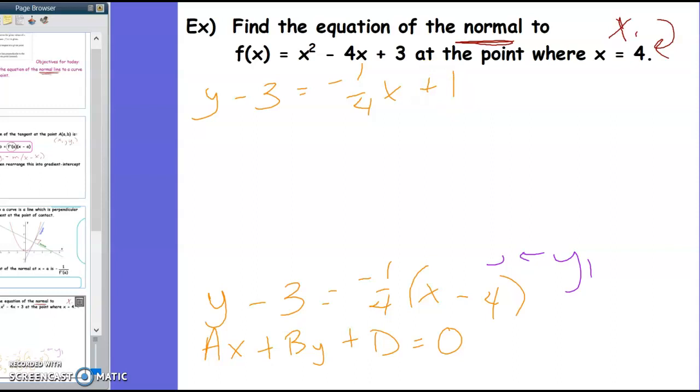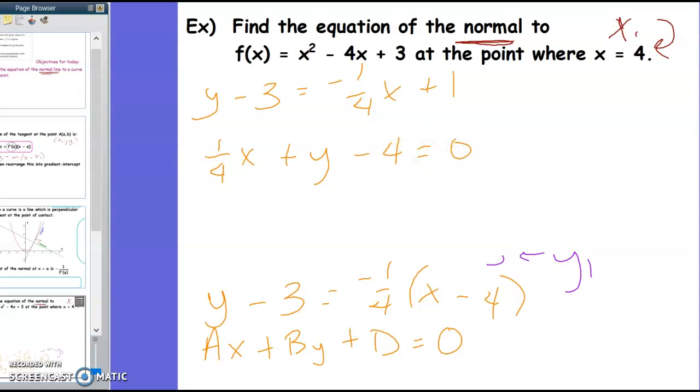Okay, so I need to move the negative 1/4 x and the positive 1 over onto the other side. So I'm going to add 1/4 x and subtract 1. That gives me 1/4 x plus y. Negative 3 minus 1 is negative 4.